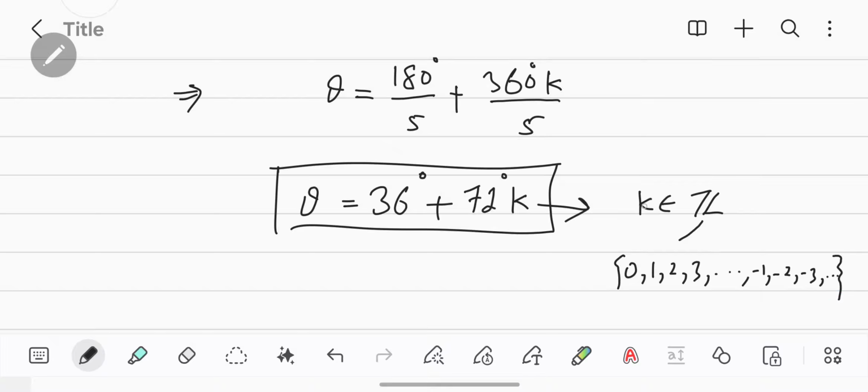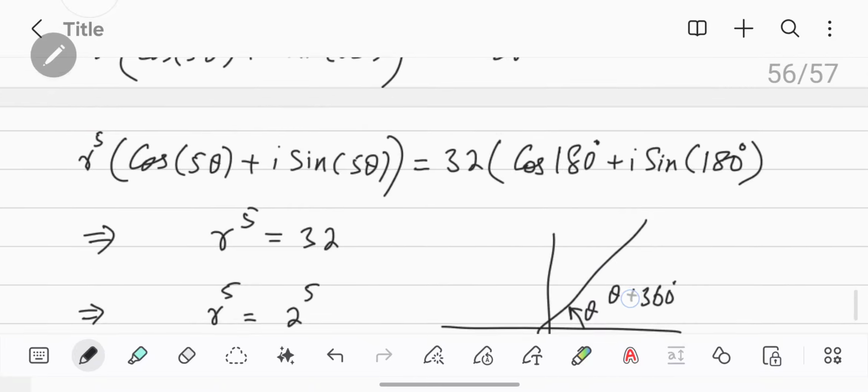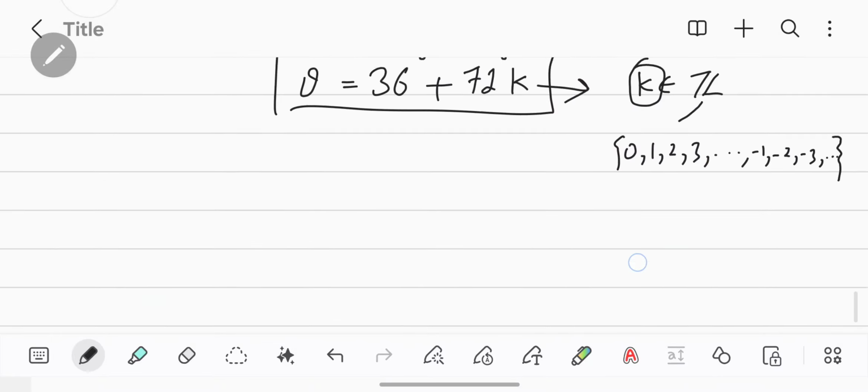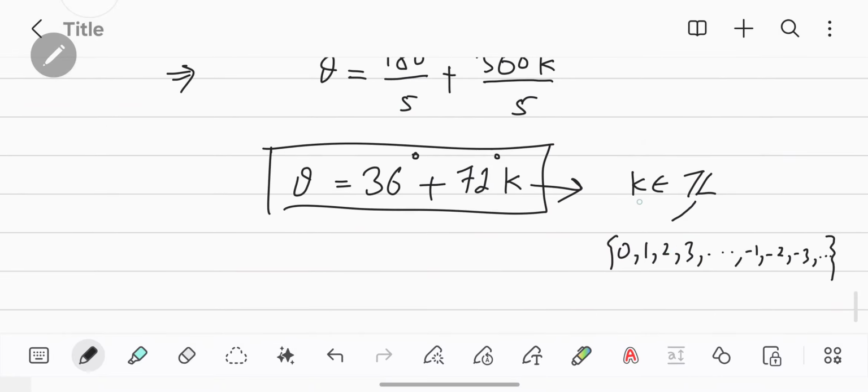Okay, that means this k is one of these numbers. Actually, we have to find the fifth root. That means we will put 5 different values from here. Normally we write this set in this way.